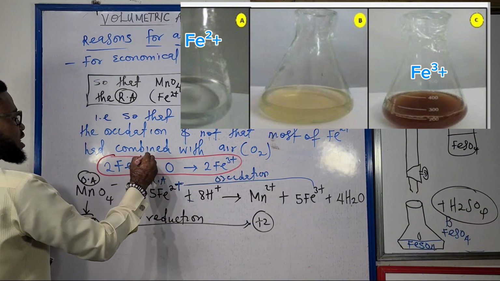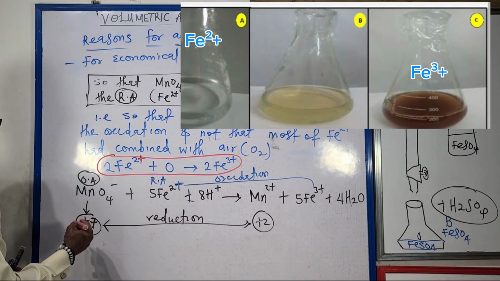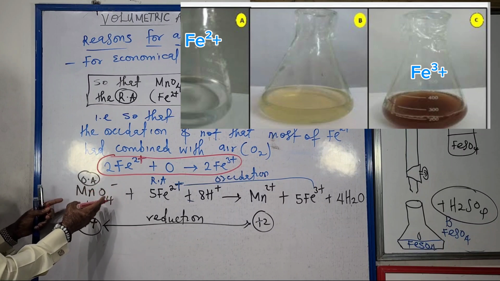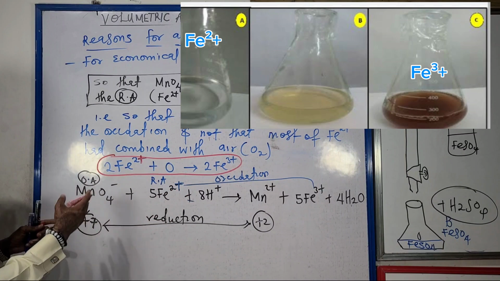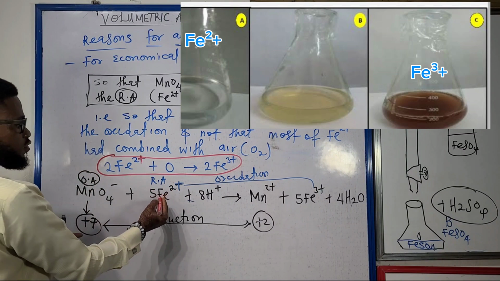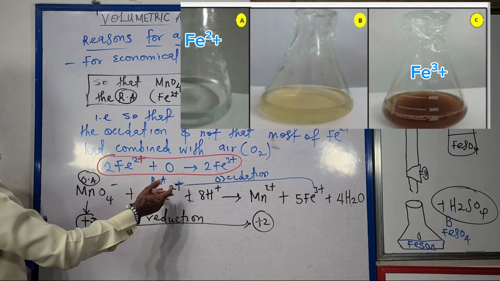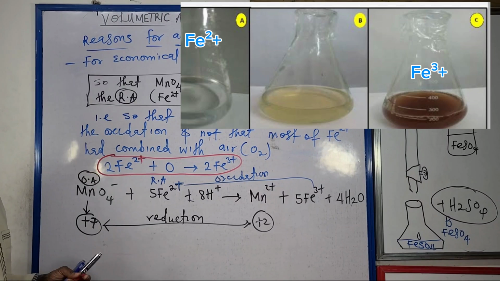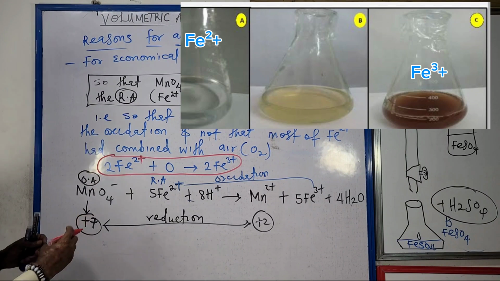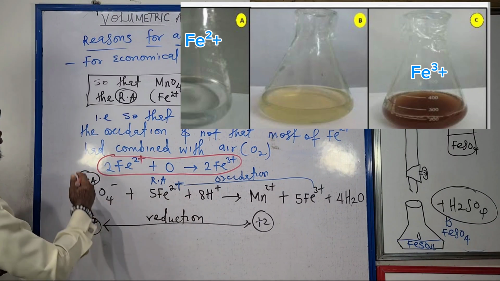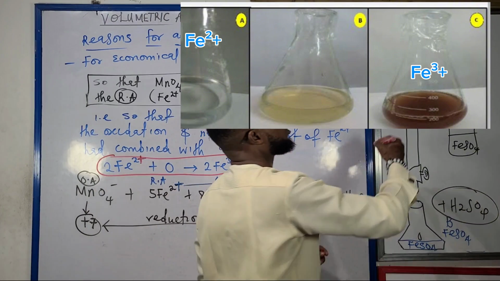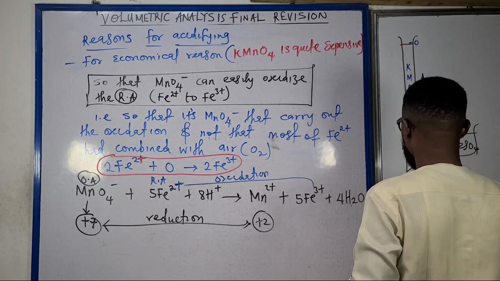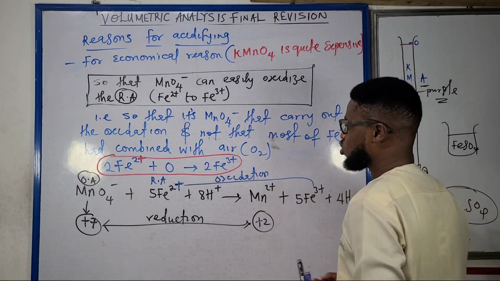And by the time we are now titrating, when the tetraoxomanganate ion gets into the solution, of course, most of the electrons the iron 2 ion is supposed to give out had already been taken up by oxygen. The implication is that we will have to run so much of the purple permanganate before we can get a color change.